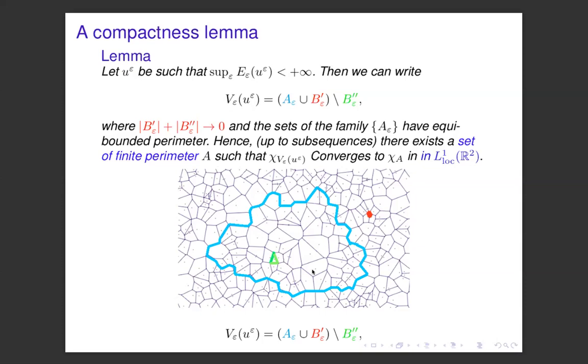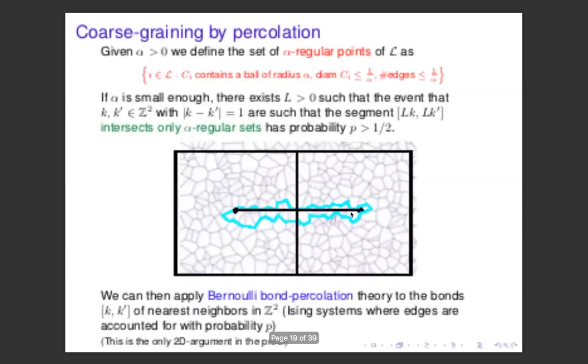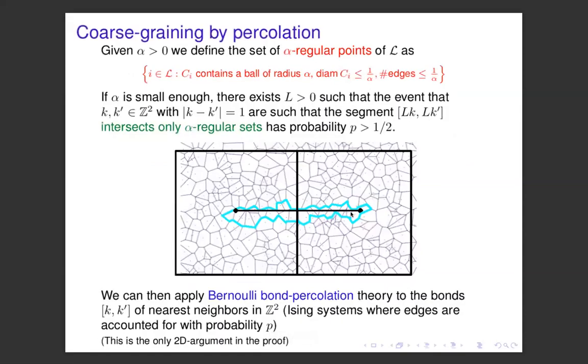So this region is a set of finite perimeter. So still we have a compactness of this family. The perimeter is not directly dominated, but up to removing small sets, it is. So we can start this gamma convergence process.